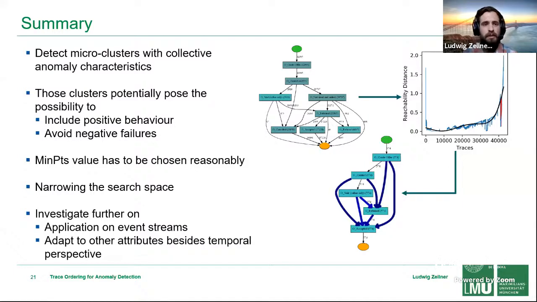So what we do here is combining the time perspective with the density-based approach. Because, for example, on the last slide, which you can see here, this causal net is a valid sub-model of the causal net of the BPIC 2017, which you can see on the upper left.